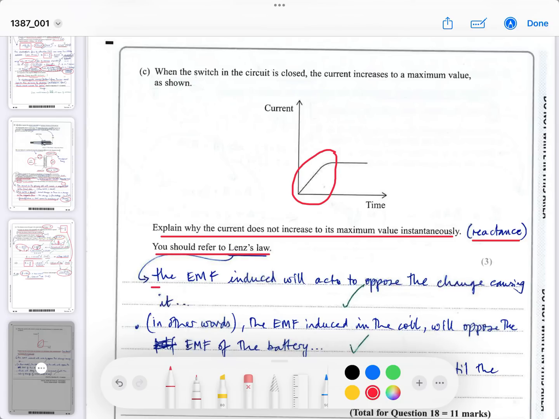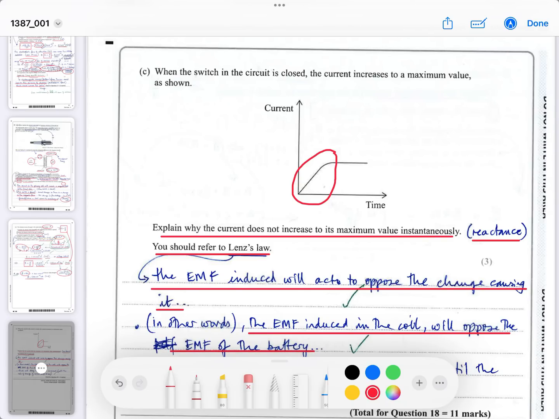So the EMF induced will act to oppose the change causing it. That's Lenz's law. In other words, the EMF induced in the coil will oppose the EMF of the battery initially.